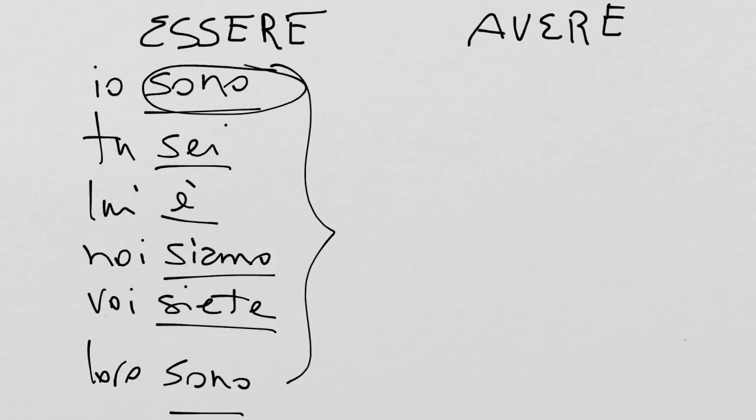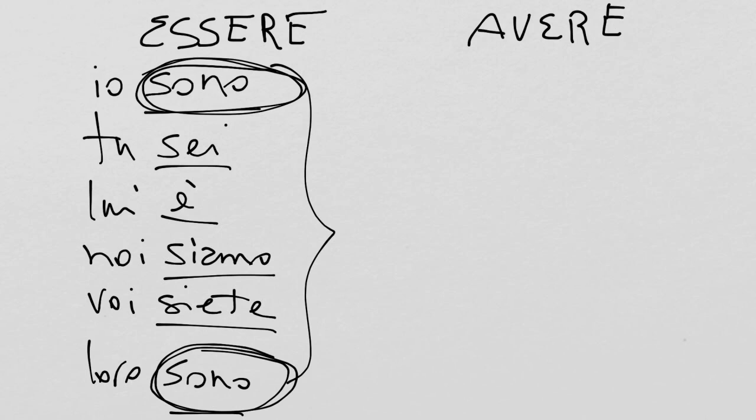Here we have probably the only case where the same verb form applies to two different persons in the Italian language. Io sono, loro sono. Is there a possibility for confusion here? Not really. And that's because io sono refers to a singular entity.